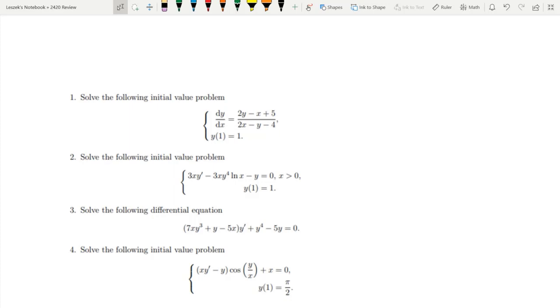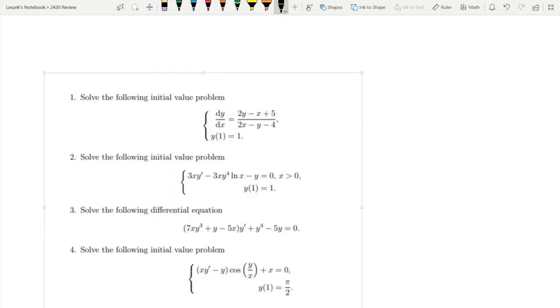Are you confusing number 2 with number 1? Because you seem to be referring to two different problems. Right, so that was the shift to homogeneous.